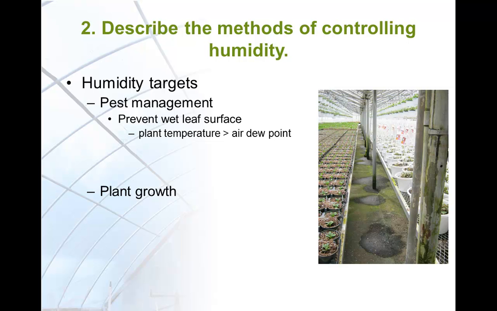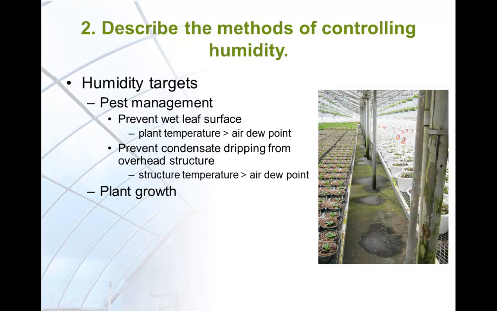To do this, the plant temperature needs to be warmer than air dew point. And secondly, we want to prevent condensate from dripping onto a plant from overhead structures. And to prevent condensate forming on overhead structures, then the structure temperature needs to be warmer than the air dew point.